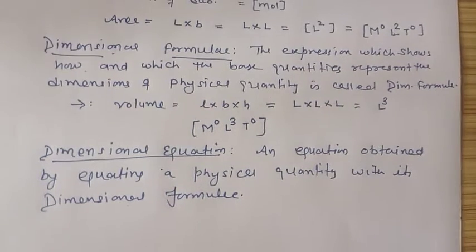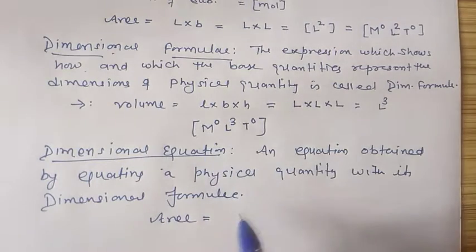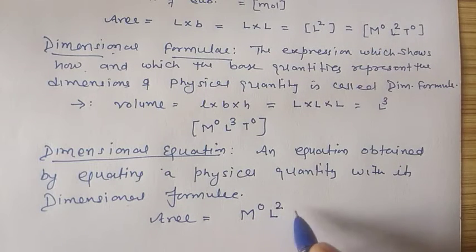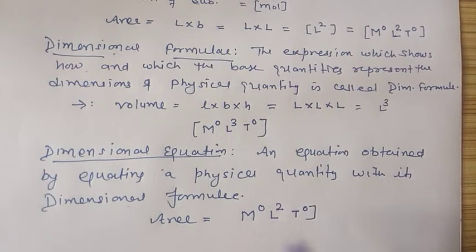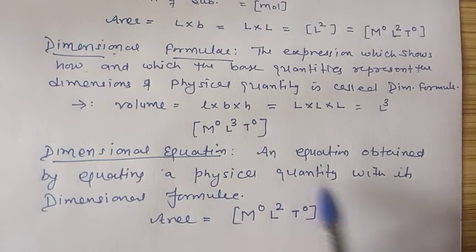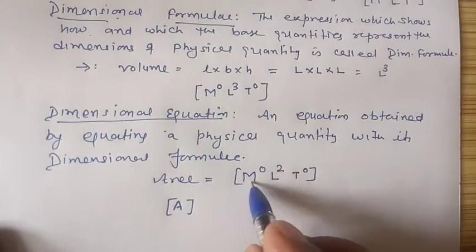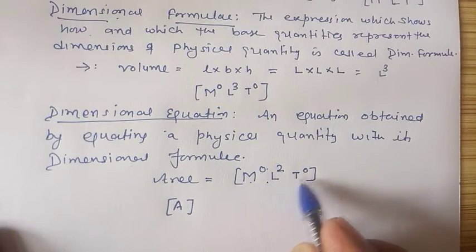So how? Let the physical quantity be area. What dimensional formula does area have? We just derived M power 0, L power 2 and T power 0. Now the physical quantity here is area, so we will represent it by area in a square bracket equals [M power 0, L power 2, T power 0].